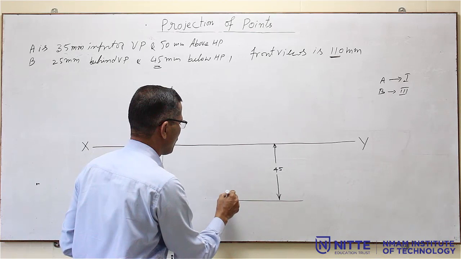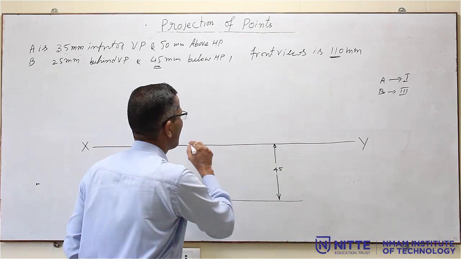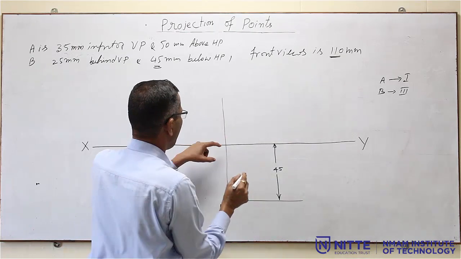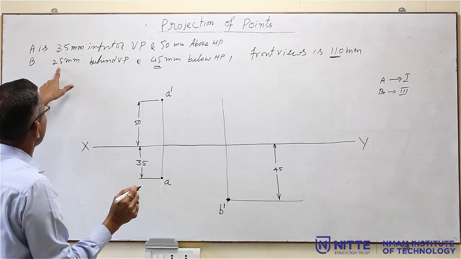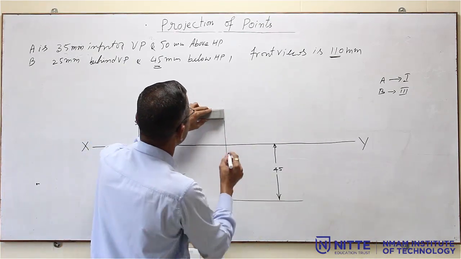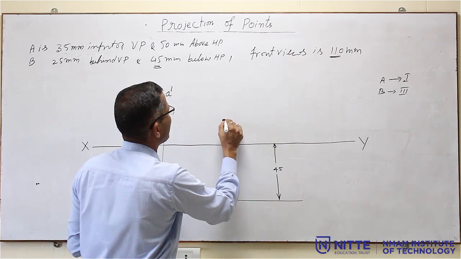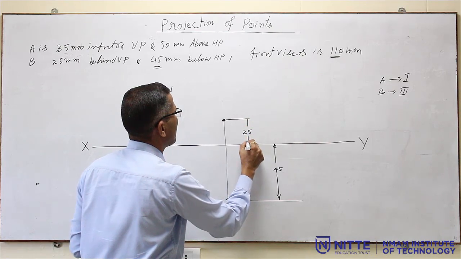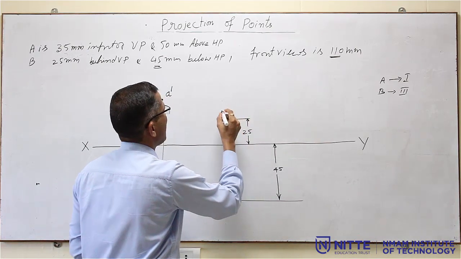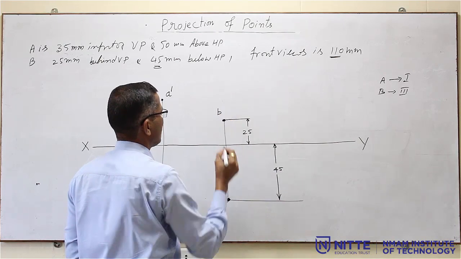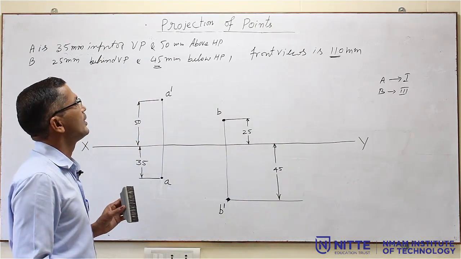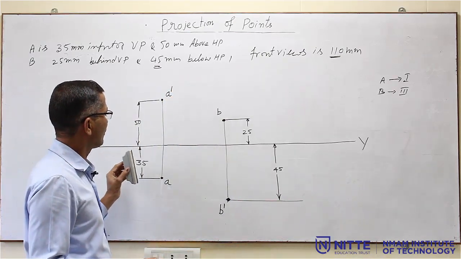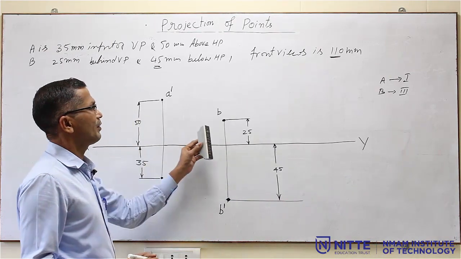And from here you drop a vertical line perpendicular to XY line, light 2H pencil, and on this line measure a distance of 25 millimeter and name this point as B. So, this is the projection of 2 points, one is A and the other one is B.